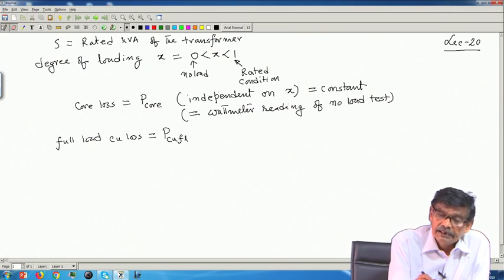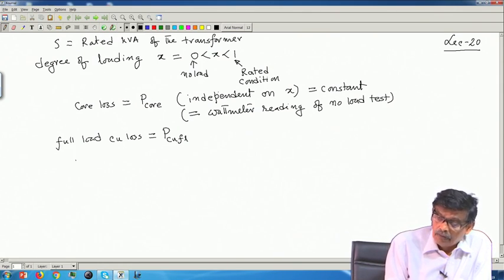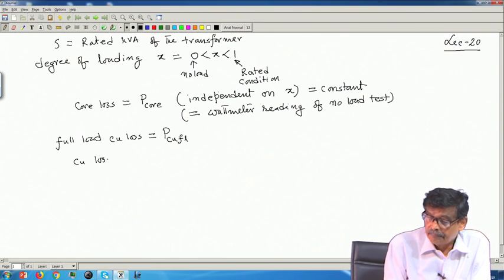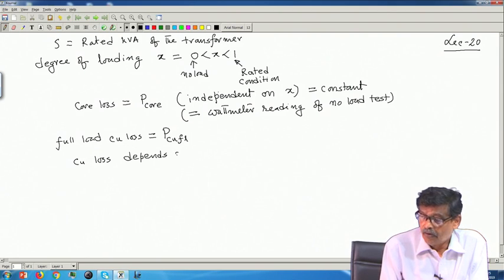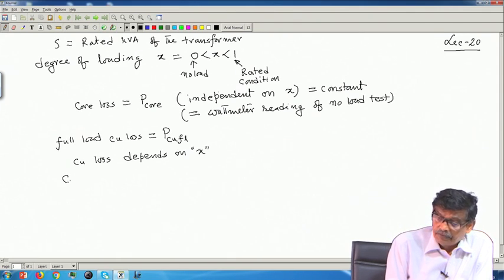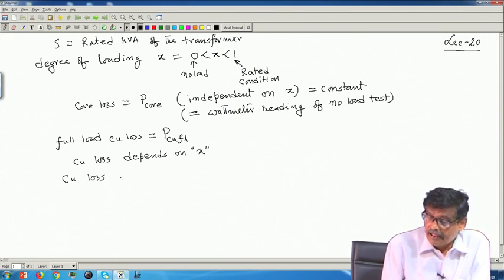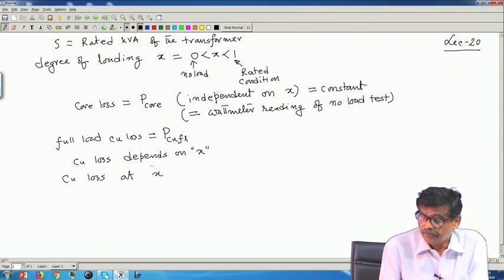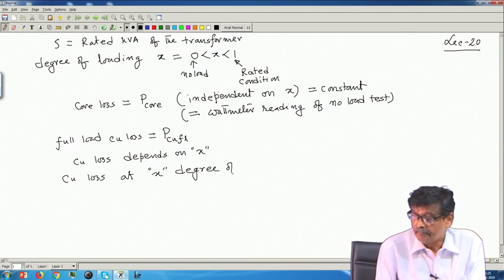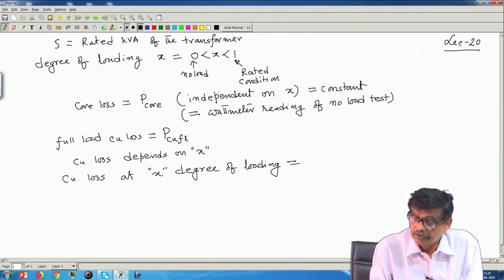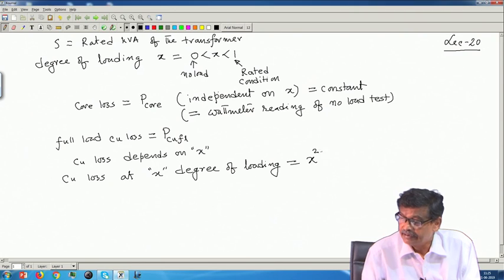Copper loss depends on x, the degree of loading, and therefore copper loss at x degree of loading, in terms of P_CU full load, will be simply x squared into P_CU full load.